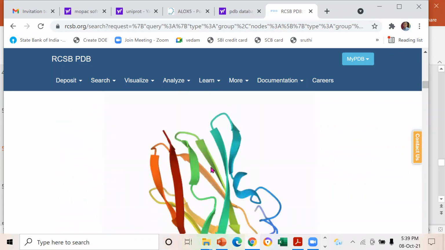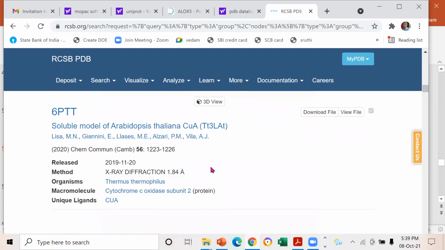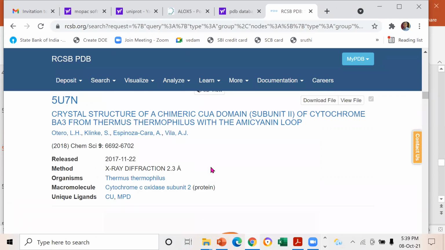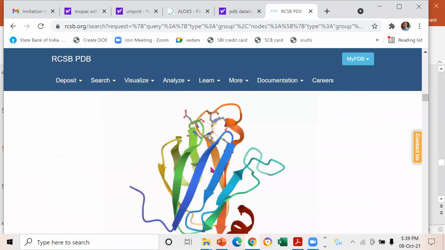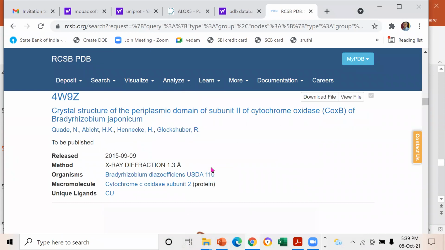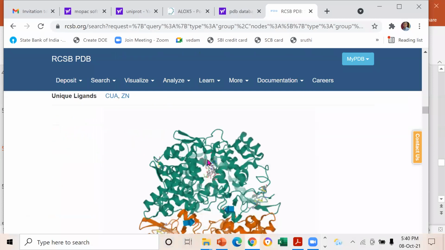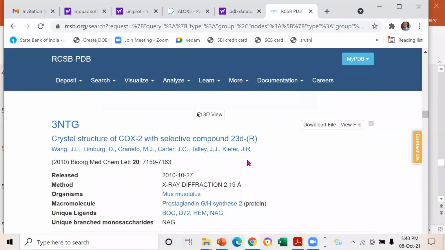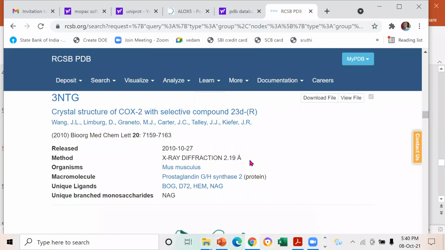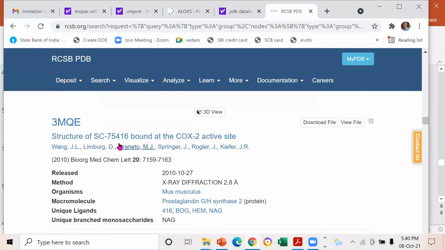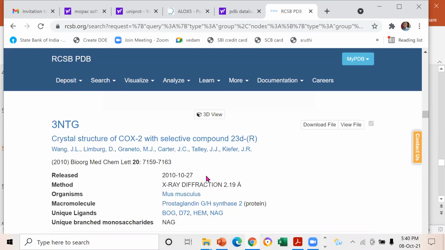Like that, the same protein, different groups would have done different modifications, and they would have crystallized with different ligands also. If you are doing docking, you have to select the correct compound. Some other compound, 5SC75, is bound to COX2, something else is bound to COX2, like that.